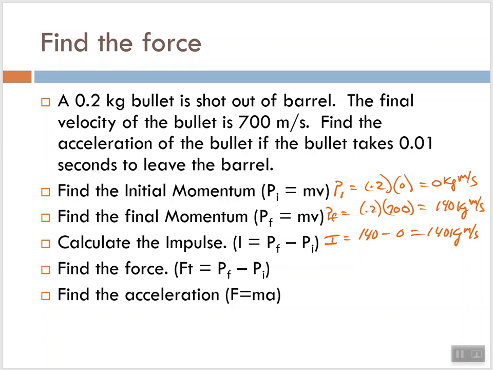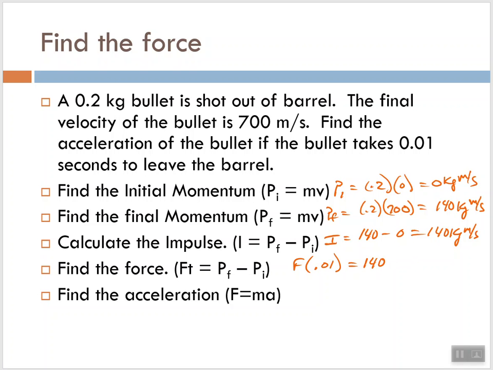That is the impulse. Now I'm going to set that equal to some force times the amount of time it takes to come out of the barrel, and that's 0.01 seconds, which I just made up, equals the change in momentum. We just found the change in momentum is 140.